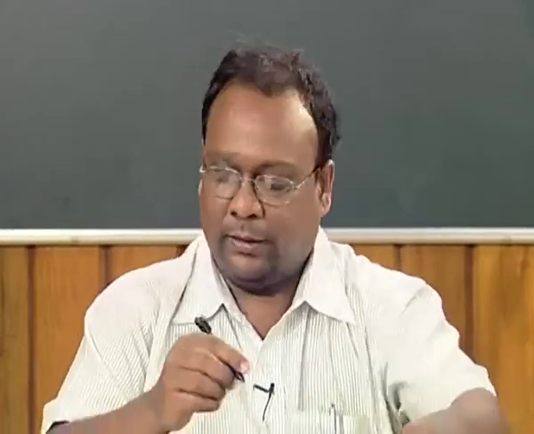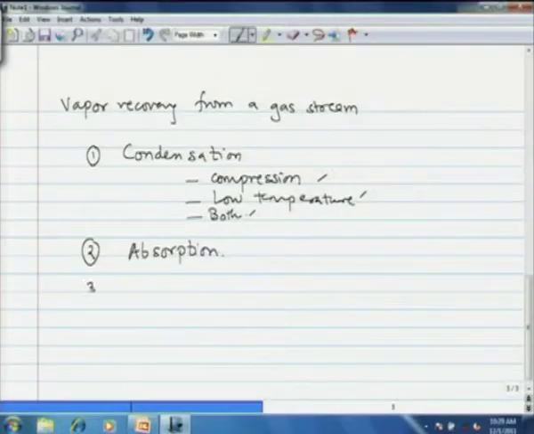The third option will be that of adsorption, where we will use a certain adsorbent for removal of acetone, but again to recover acetone from the adsorption process, we will have to regenerate the adsorbent to have desorption. That could be either thermal desorption or pressure swing desorption, and so on.